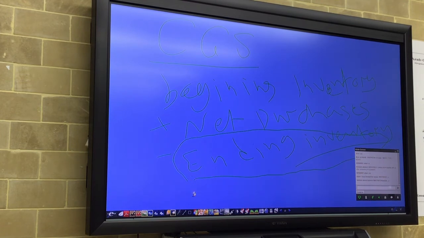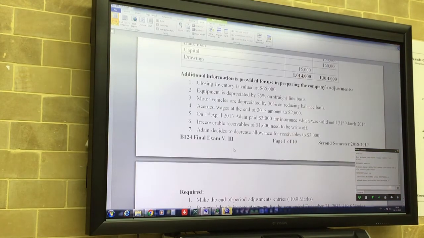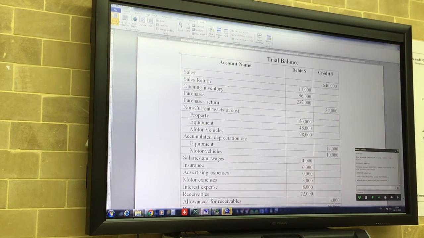Ending inventory, you will find in the information here. He said closing inventory. Closing inventory means ending inventory, and opening inventory means beginning inventory.